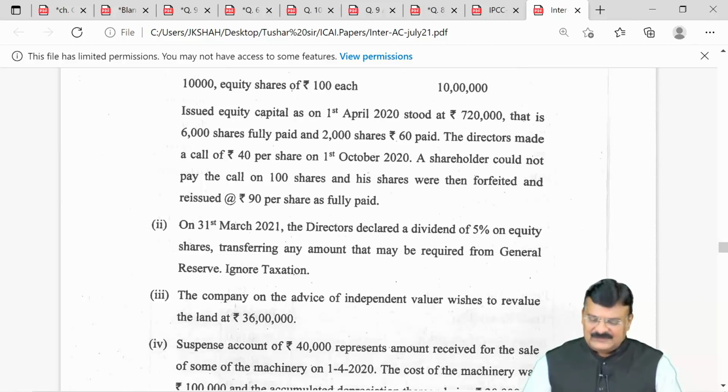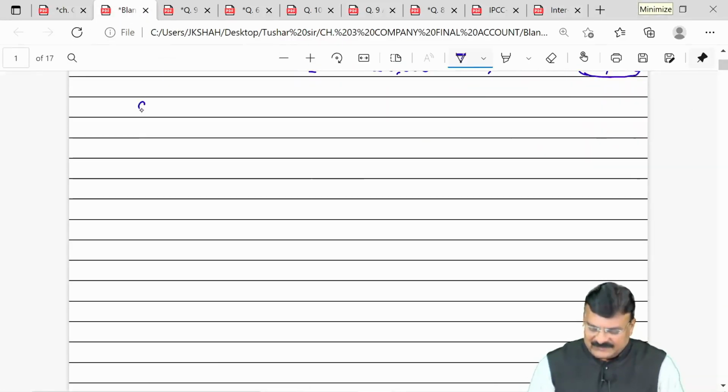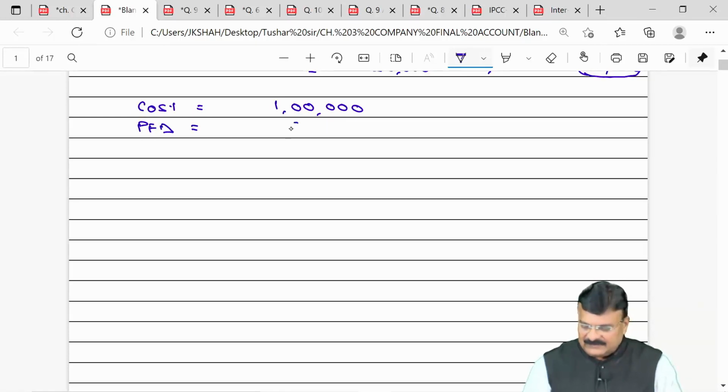So cost 1 lakh. If you try to calculate this, friends, the cost of the machinery which we are selling is rupees 1 lakh. The accumulated depreciation, you can say PFD, provision for depreciation on that, is 30,000. So 1 lakh minus 30,000.